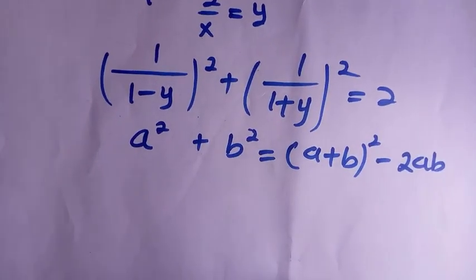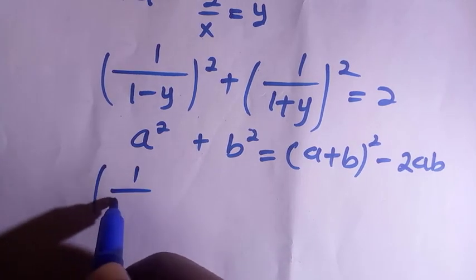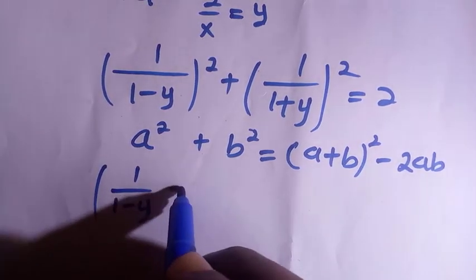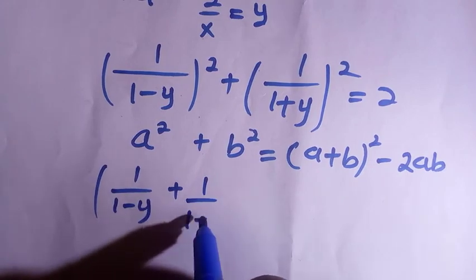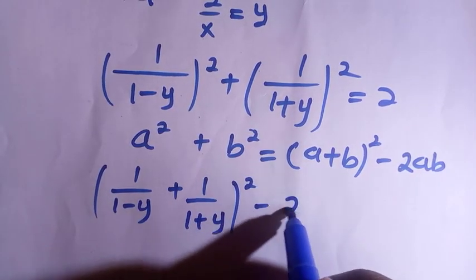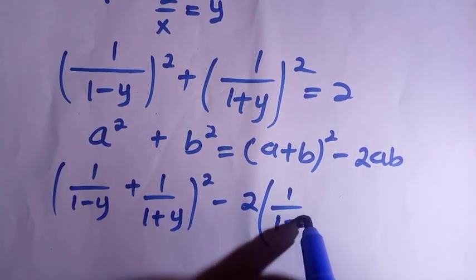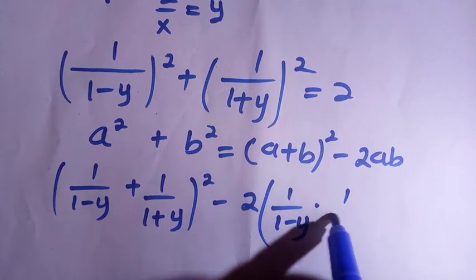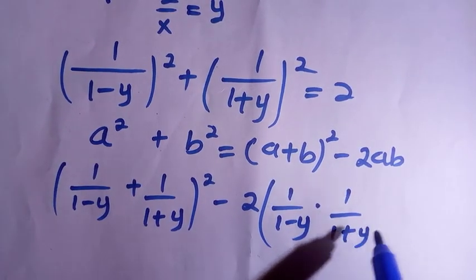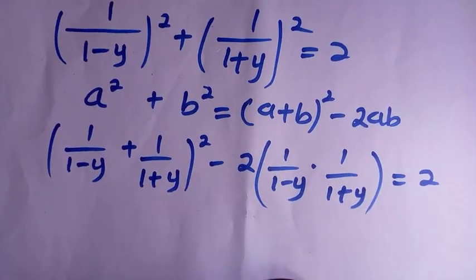By applying this, we have 1 divided by 1 minus y plus 1 divided by 1 plus y, all raised to the power of 2, minus 2 bracket, a is still 1 divided by 1 minus y, times 1 divided by 1 plus y, raised to the power of 2. This equals 0.